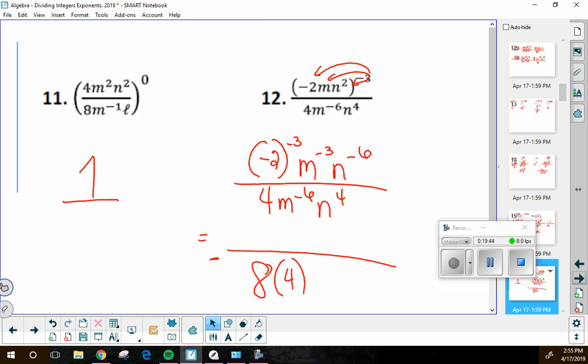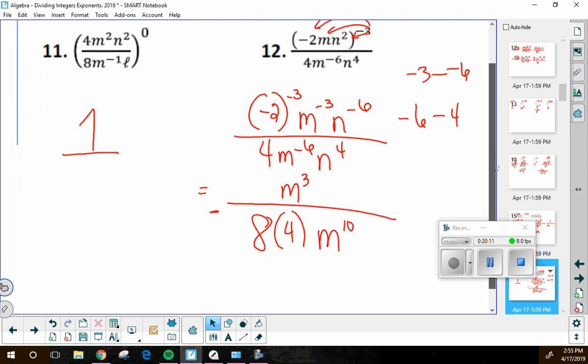So now I'm just going to take care of my m and my n. Negative 3 minus negative 6. What is that? So m to the third, where's that going to go? Up top. And then negative 6 minus 4 is what? Negative 10. So that's going to go where? On the bottom, so we make it a positive 10.